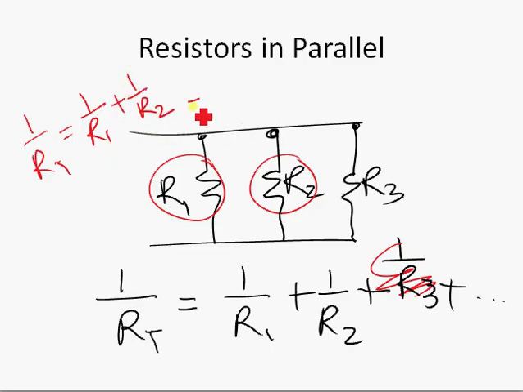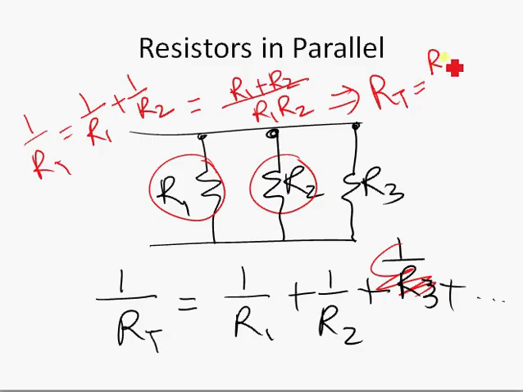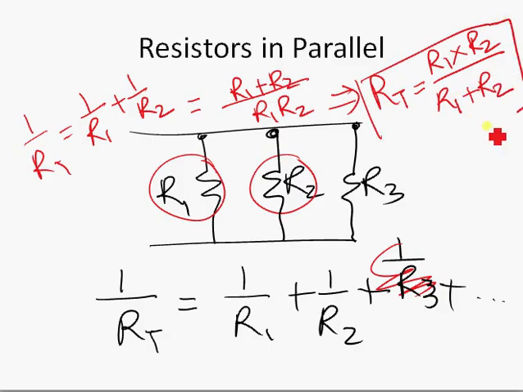If we simplify this, we get (R1 plus R2) over R1 R2. That means if you now flip this over, you get total resistance equals R1 times R2 divided by resistance 1 plus resistance 2. So this is for two resistors in parallel.